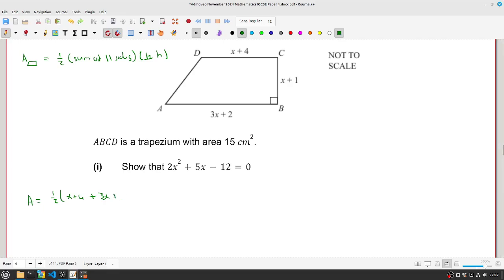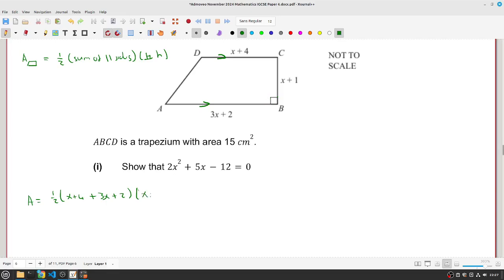So half the sum of the parallel sides. This and this are the parallel sides, right? They are parallel. Okay, half times the sum of the parallel sides times the perpendicular height, which is x plus 1. We know it's perpendicular because we see that there. That tells us it's perpendicular.